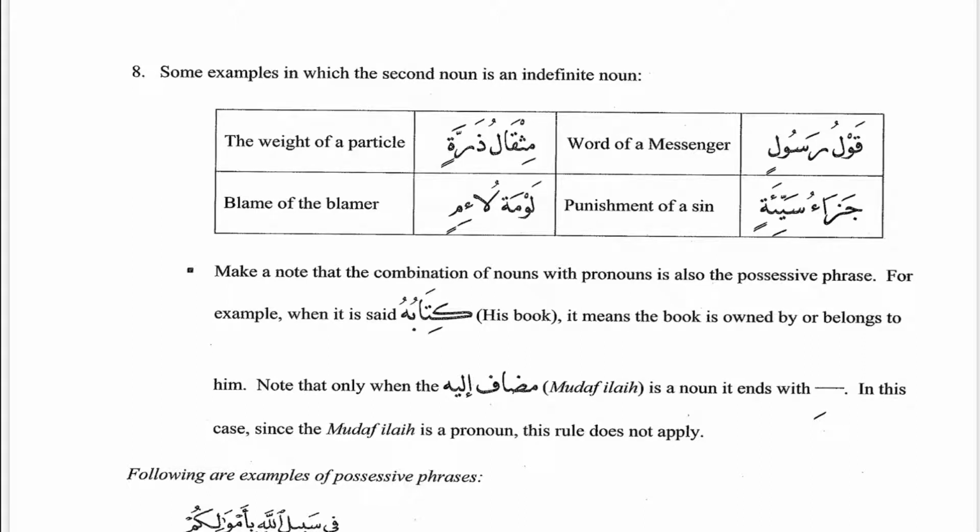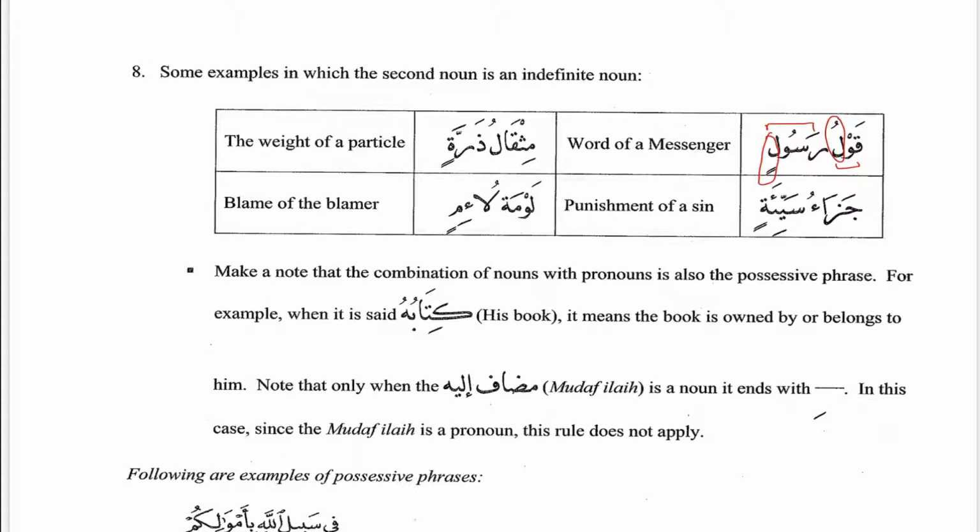The first noun, the mudaf, is indefinite. There is no tanween here, but the second noun, the mudaf ilaih, is also indefinite. It is not ar rasul, it is just rasulin, and it has a kasra, but kasra tanween at the end.